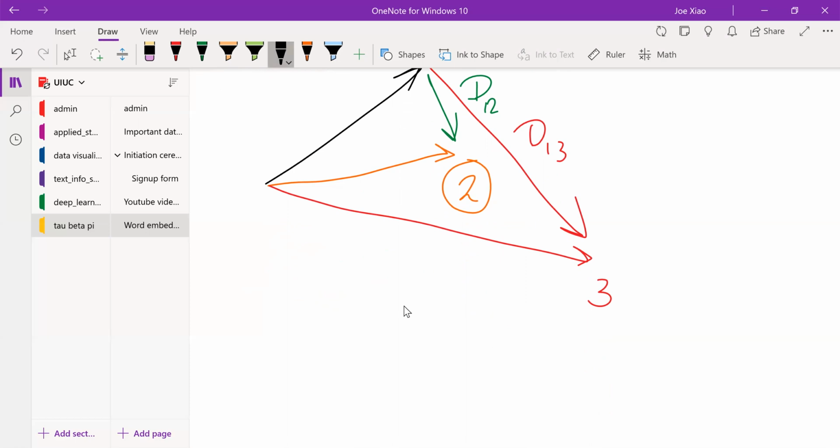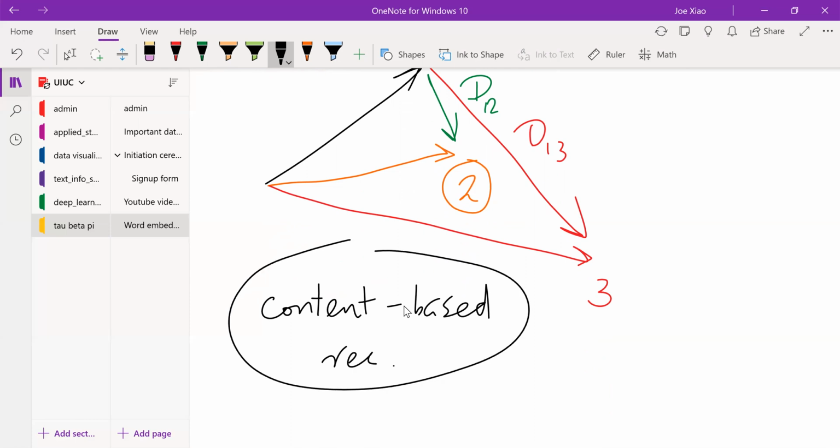So this is a class of recommendation algorithms called content-based recommendations. Of course, there are more sophisticated techniques. There are techniques that involve other users, known as collaborative filtering.